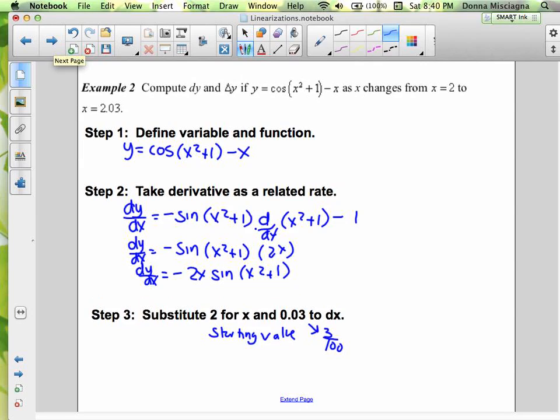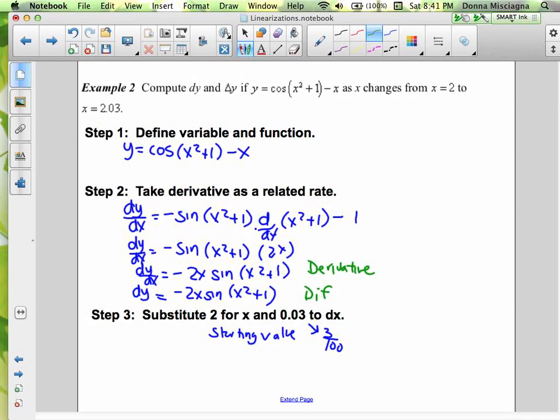Here's our derivative. Our differential is dy, so this is the differential. Here, I'll put it on the other side. dy equals negative 2x sine of x squared plus 1 times dx. So the first one here is the derivative, used to find the slope of the tangent line.